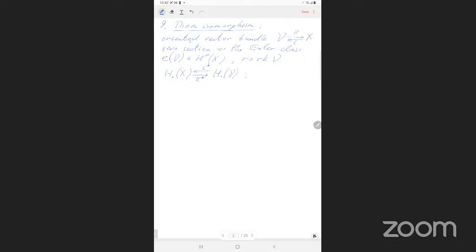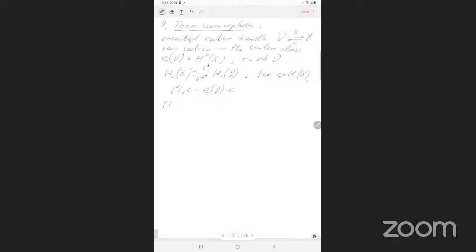And for any class in the Borel-Moore homology of the base, if we go there and back with respect to the zero section, push forward and pull back, then this is just the multiplication by the Euler class of this vector bundle.